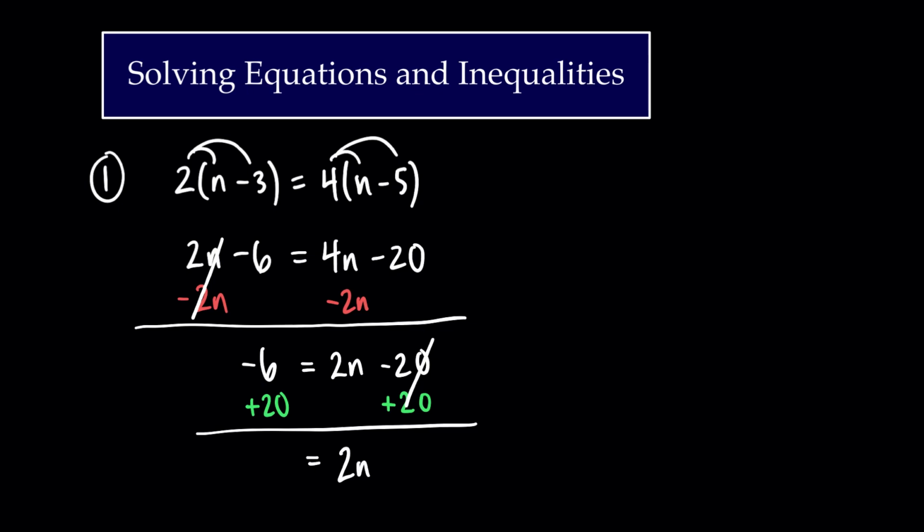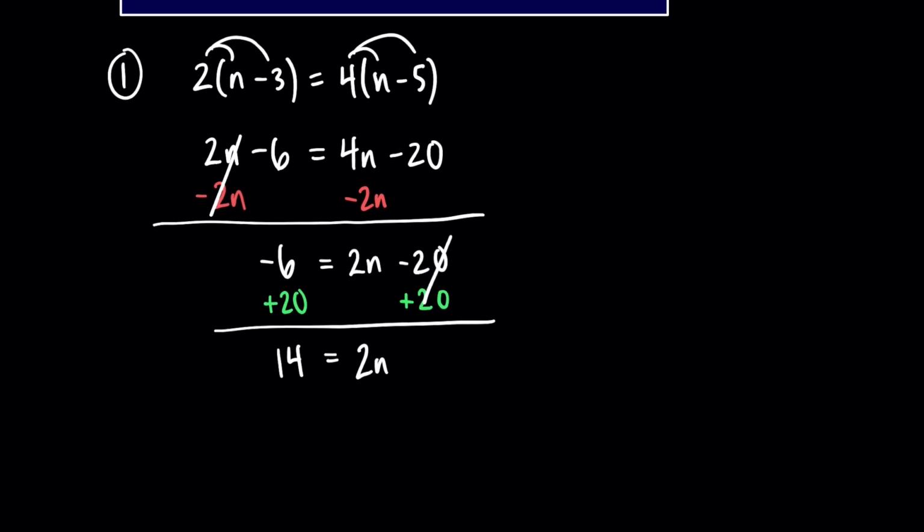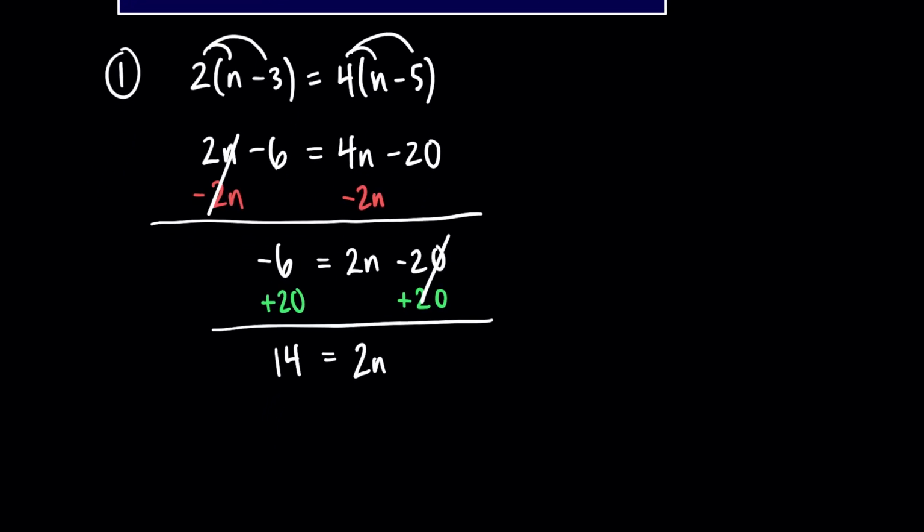On the right, we just have 2n, and on the left, we have negative 6 plus 20, which is the same thing as 20 minus 6, which is 14. When you get to here, hopefully you remember from algebra, we're going to divide by 2 on both sides. If you have 2n and you divide by 2, then you're just left with n. 14 divided by 2 is 7. So this would be your answer in that case.